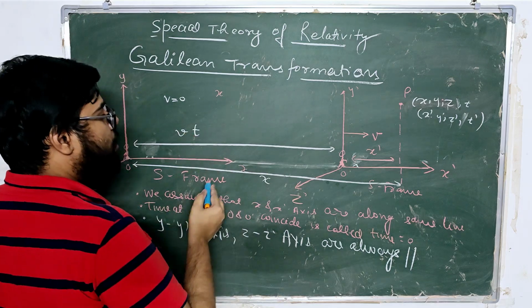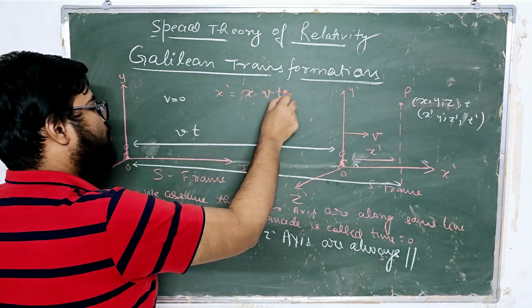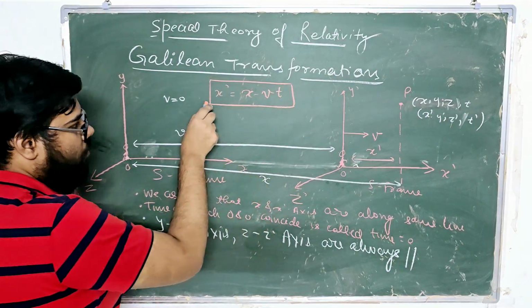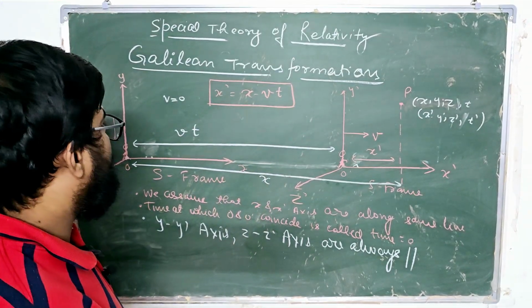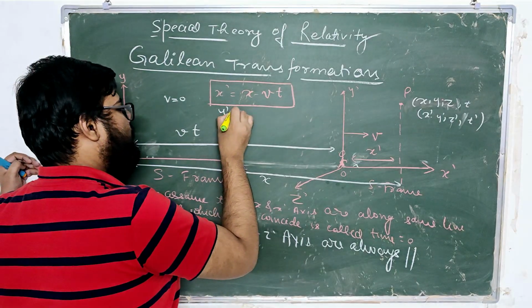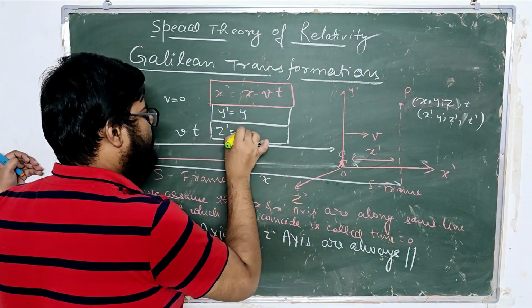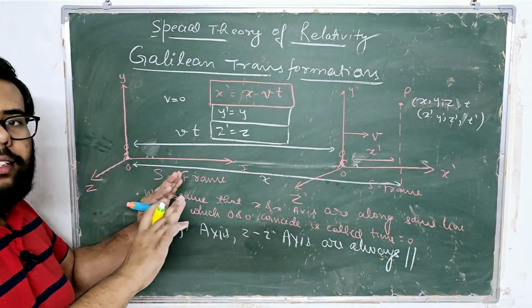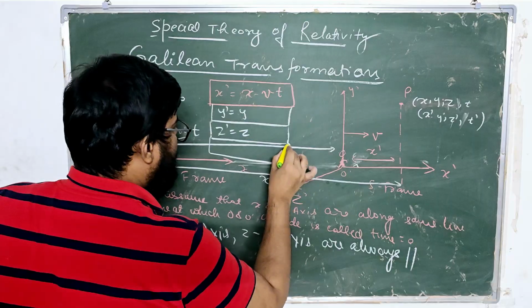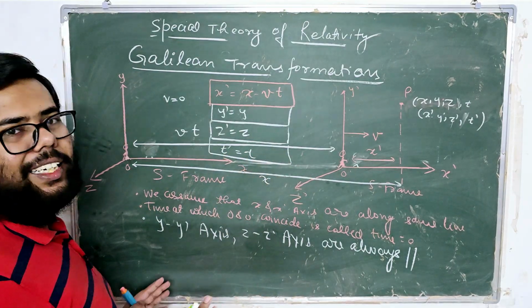x dash is equal to x minus vt, and of course there is no change in y, so we have y dash is equal to y coordinate and z dash is equal to z coordinate. Okay, and yeah, time is absolute over here, so we say it like this.